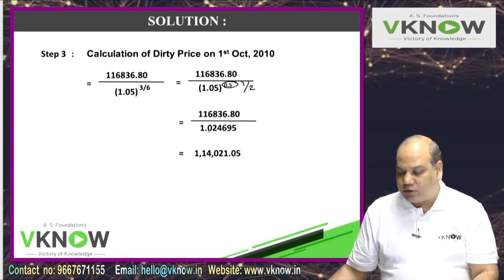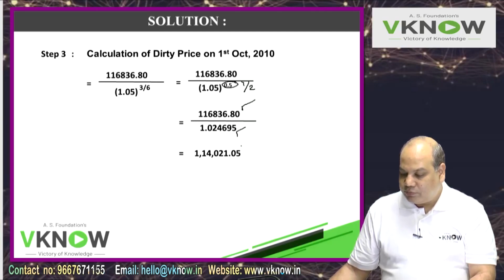Don't put in extra effort. 1.05, press square root. You can see this number on the calculator, 1.024695. Now divide by this number, and you will get 1,14,021.05. Right? So this is your dirty price.